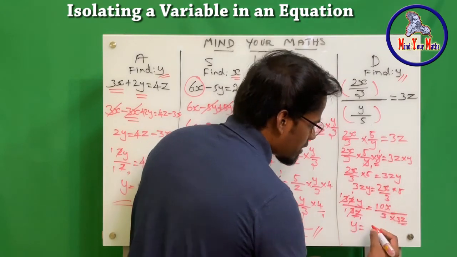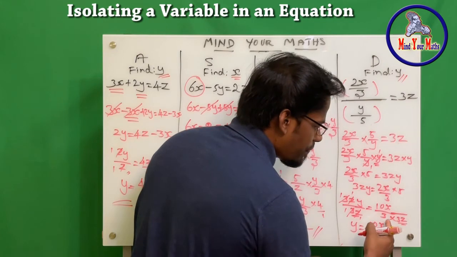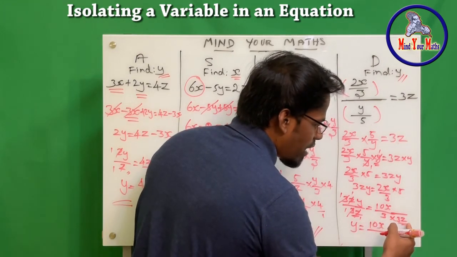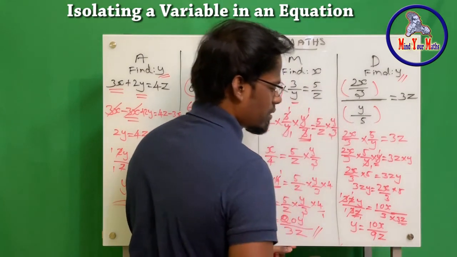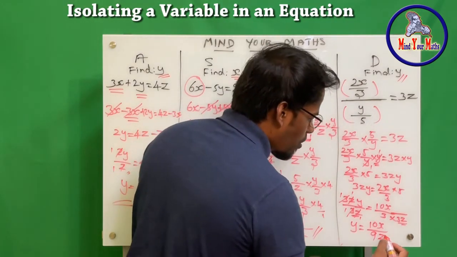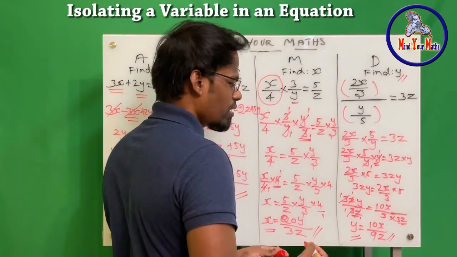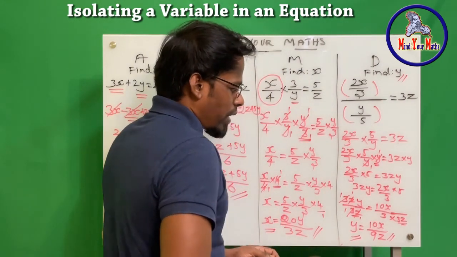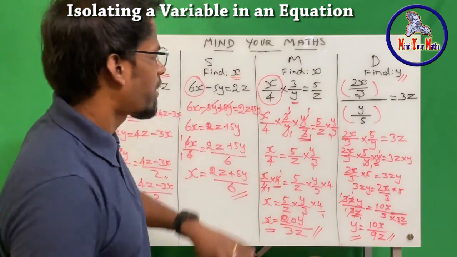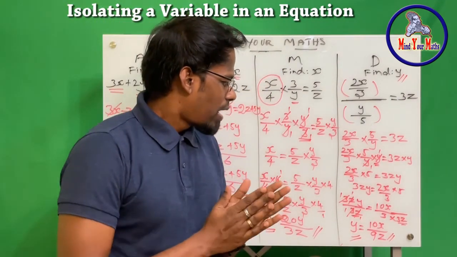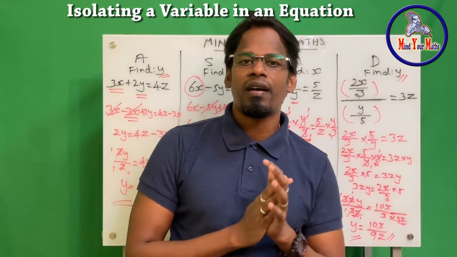It's 10x at the numerator, and 3 times 3 is 9, and then z is here, so 9z, right? So that is how we find the y. Right, guys, so this is how we isolate the variables.